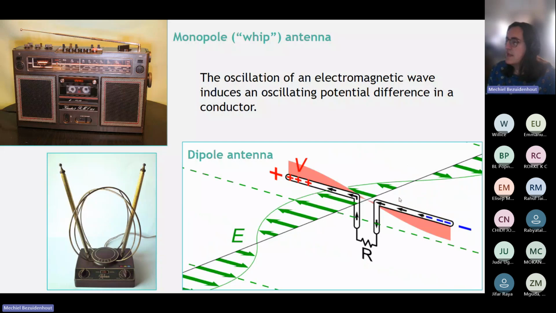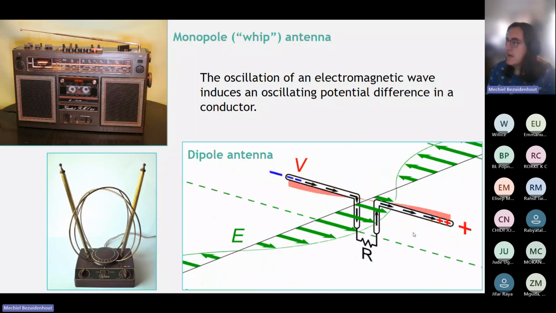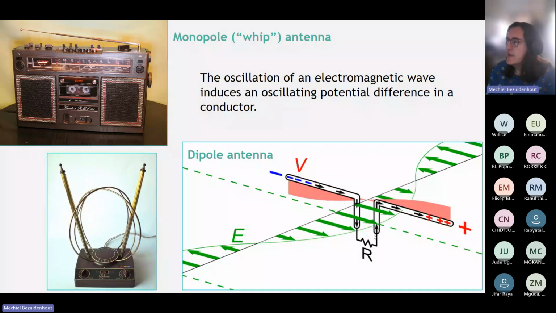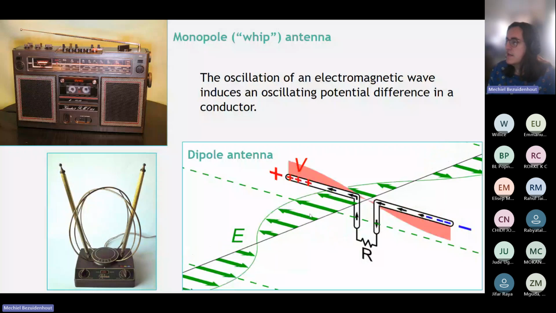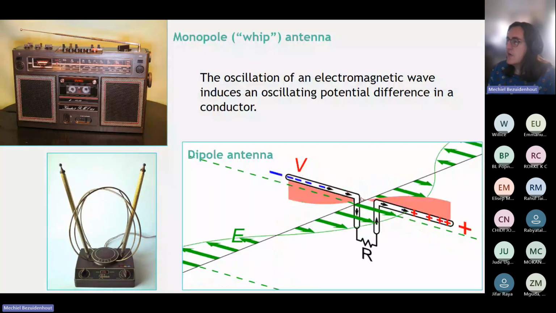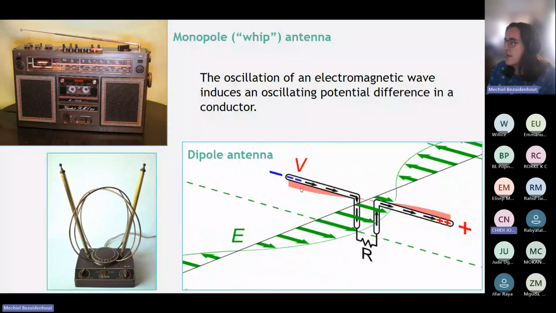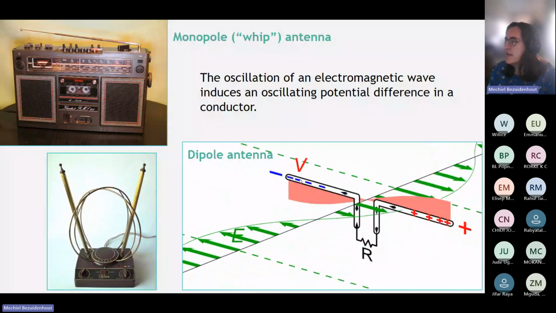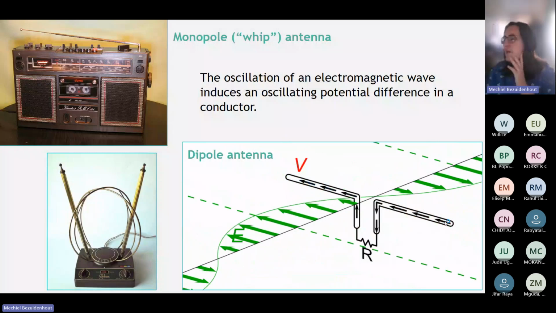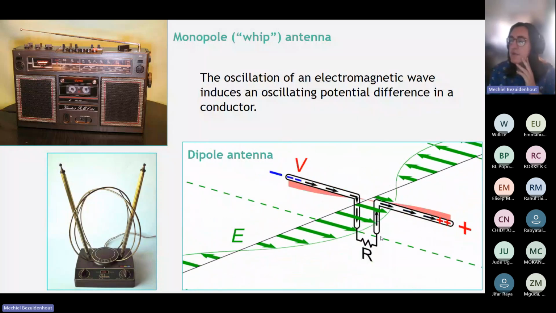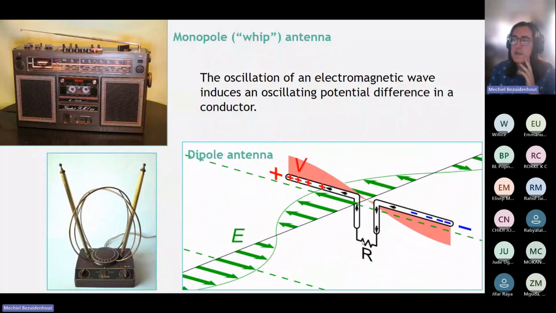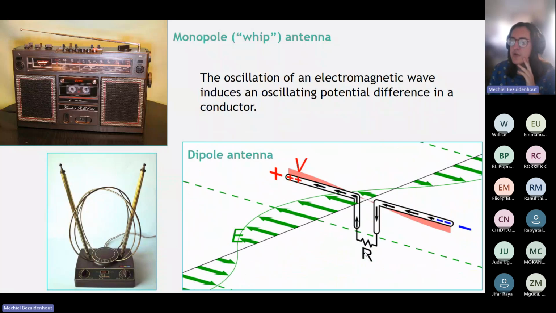And as that electrical field passes the conductor, it moves the electrons within that conductor, causing a surplus of negative charge on one end and a deficit on the other, basically inducing a potential difference across those two poles, which we can then measure.